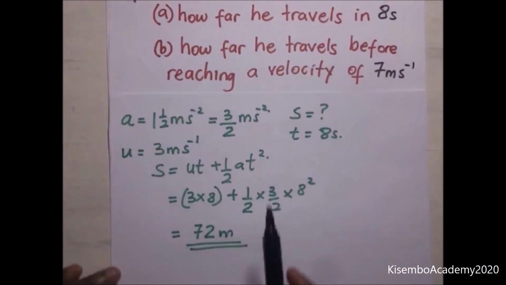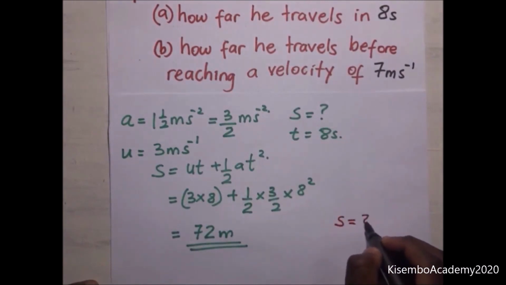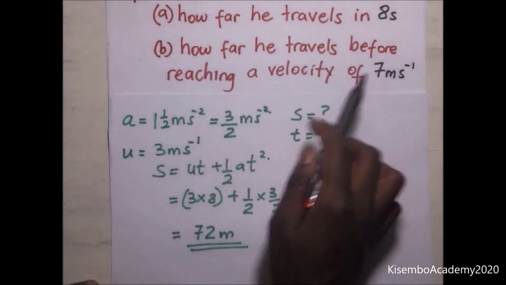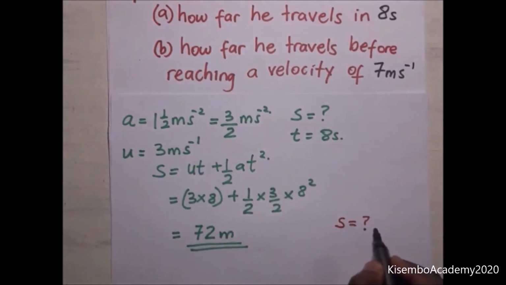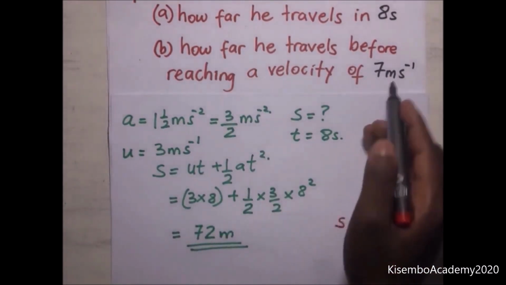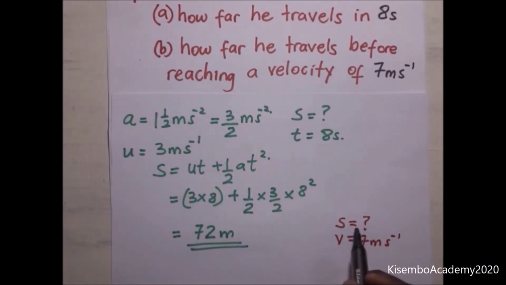Part B. So how far does he travel? Again, they're asking you how far does he travel. So they're asking for distance. How far does he travel before reaching a velocity of 7 meters per second? So what is the value of s when the final velocity v is 7 meters per second? How far does he travel to reach this velocity, the final velocity?